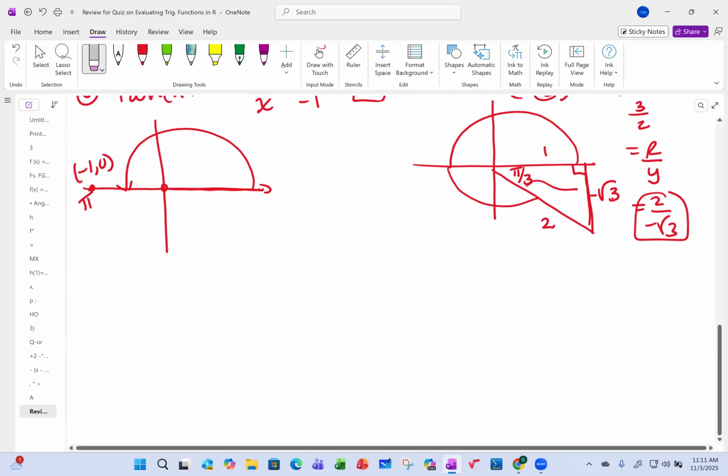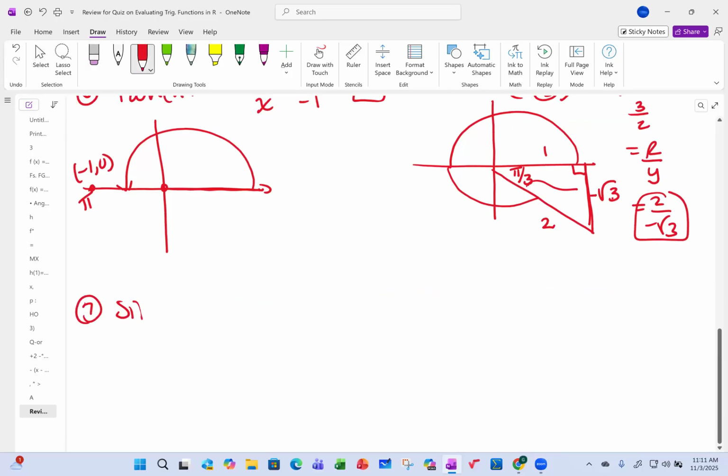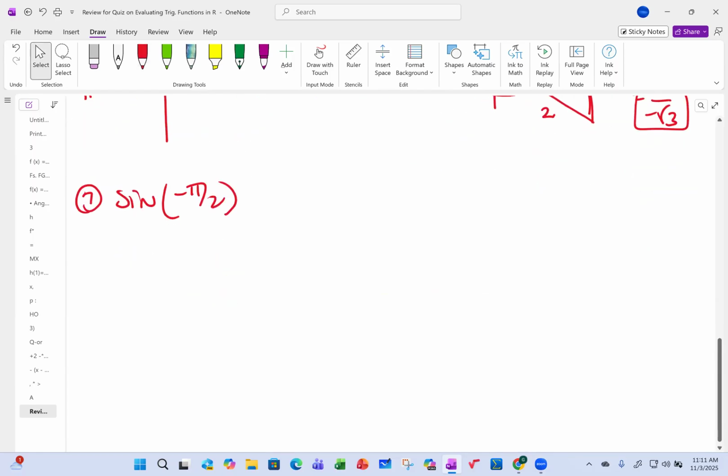Let's do 2 more. Number 7, the sine of negative pi over 2. Pause the video. See what you can do. Okay, so where does negative pi over 2 put you? When we graph it, remember we start here, but that angle's negative.